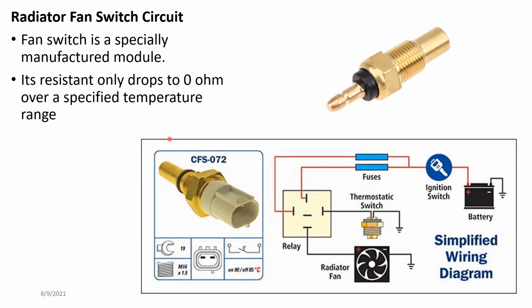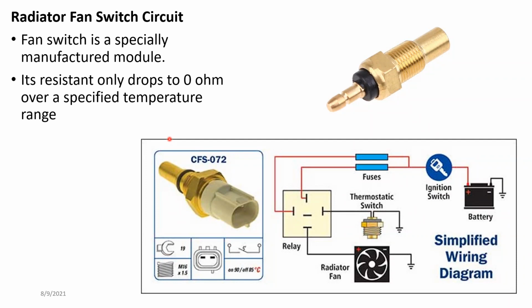It uses a relay system to turn the fan on and off. The thing about the fan is that it draws a higher amount of electricity, a higher current. So the thermo switch, or this electric fan switch, could not directly control the fan itself.